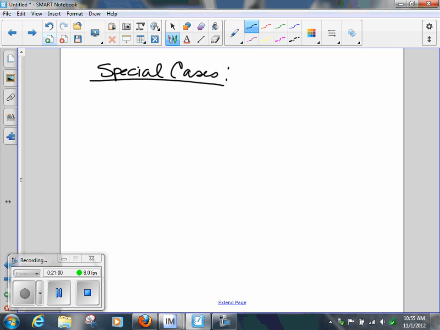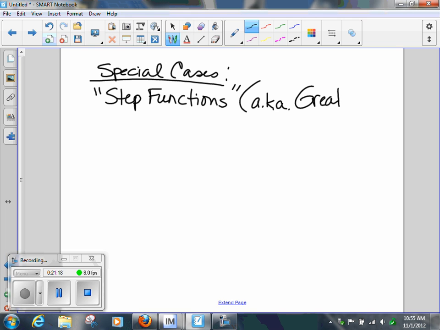There's something called step functions, AKA greatest integer function. We haven't really talked about these a lot until this class, and we're going to talk about these a little bit later, but I at least want you to know what they look like.